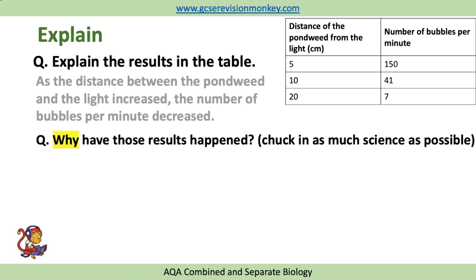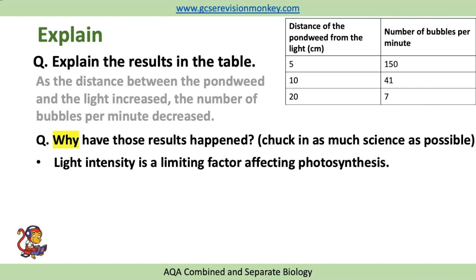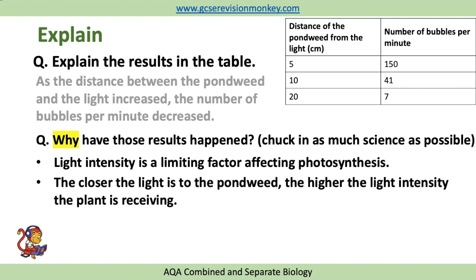Explain means why have those results happened, and basically just try and chuck in as much science as possible. So some type of things that you could write down would be things like the light intensity is a limiting factor affecting photosynthesis. The closer the light is to the pondweed, the higher the light intensity the plant is receiving.